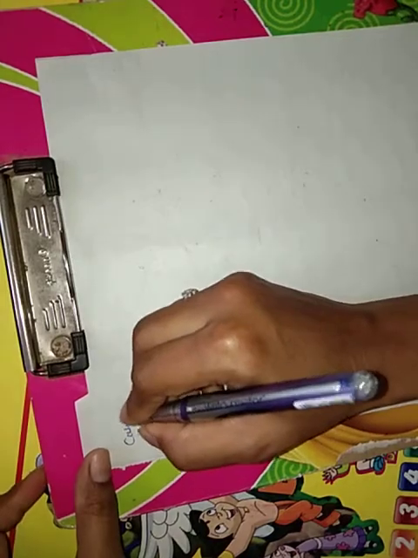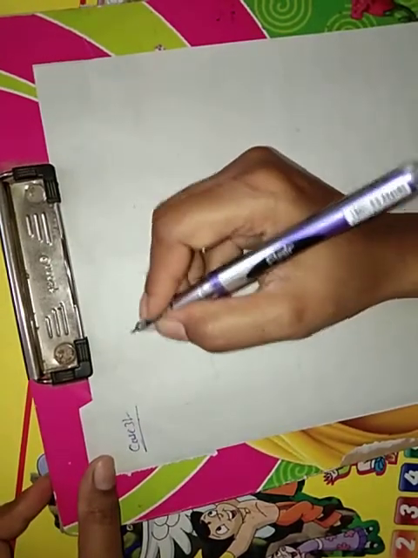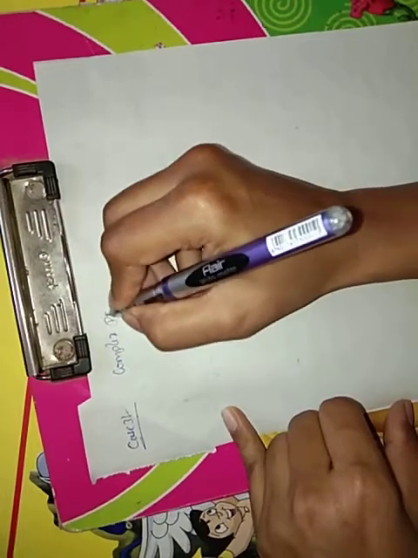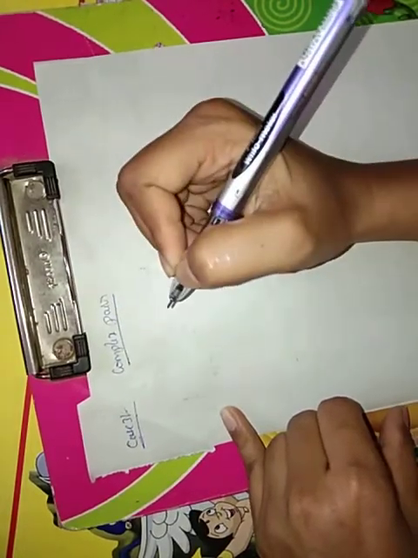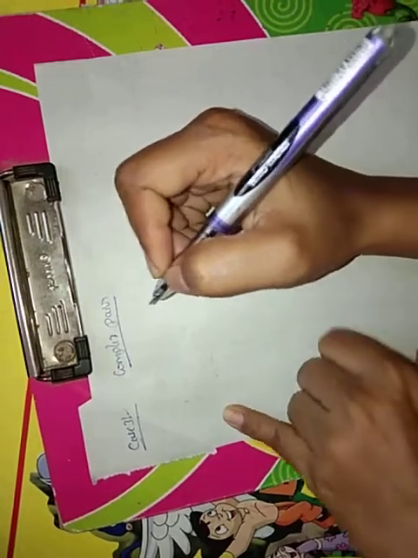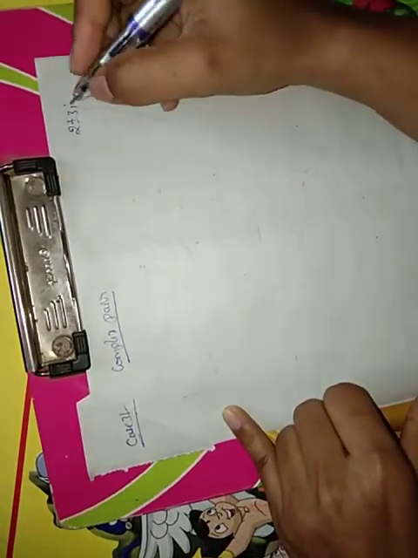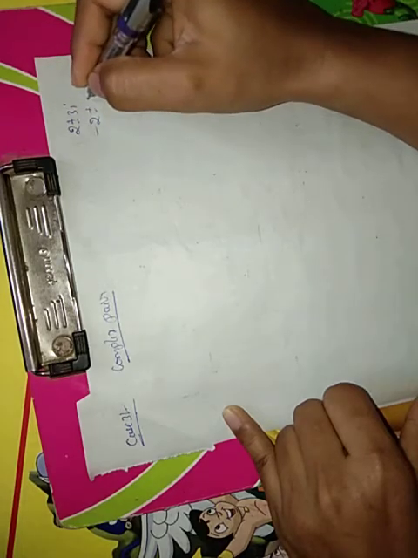Next I am moving to the third case, when the roots are a complex pair. A complex pair is of the form 2 plus or minus 3i, or minus 2 plus or minus 5i.